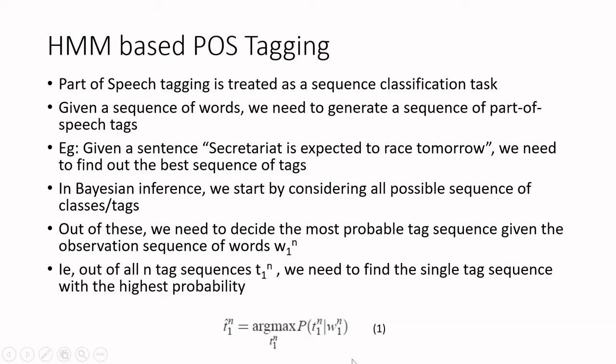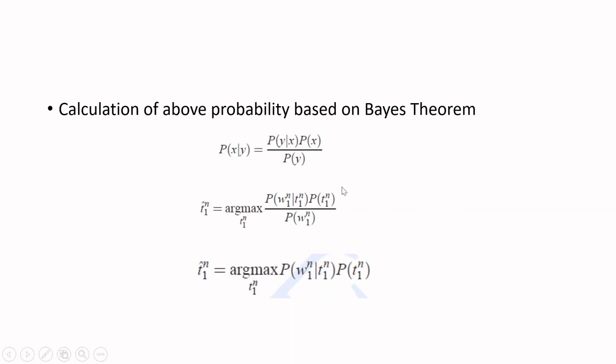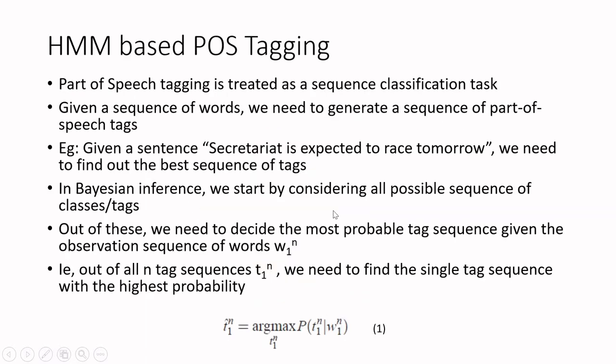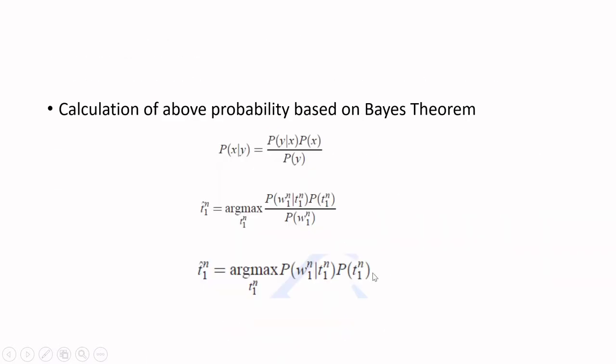Calculating conditional probabilities involving such long sequences of words or tags is actually very complicated. So we will go for some sort of simplification of the calculation. First of all, we'll use Bayes theorem to rewrite the equation we have seen here. This equation 1 is going to be rewritten based on Bayes theorem.